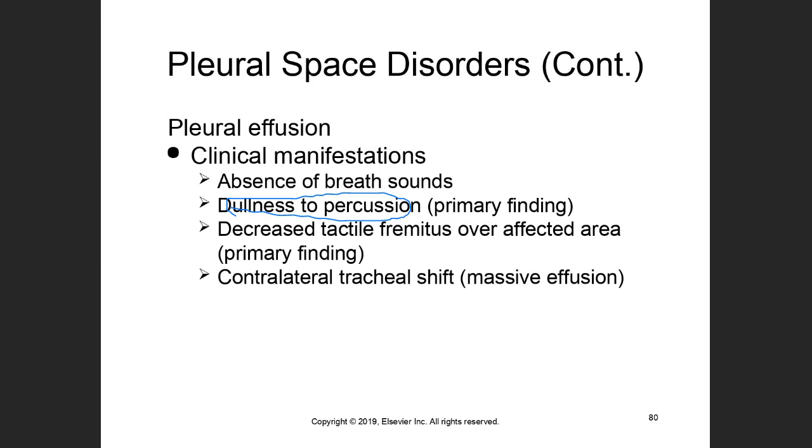I don't know if you have heard that sometimes you put your hands on the back of the patient and ask them to repeat 99, 99. When the patient repeats 99, you feel the vibration. If you don't feel that, it's because of decreased tactile fremitus. Contralateral tracheal shift is massive.